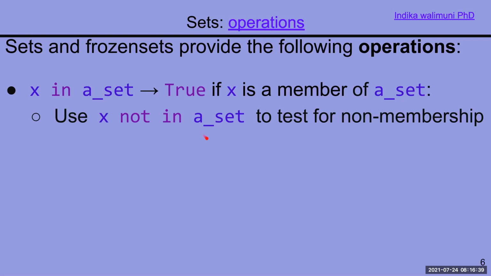If you want to test non-membership, you have to use the not in operator. Both of these operations are basically single instructions. Unlike a list or a string, the in operator works in a single CPU instruction because of the nature of sets.